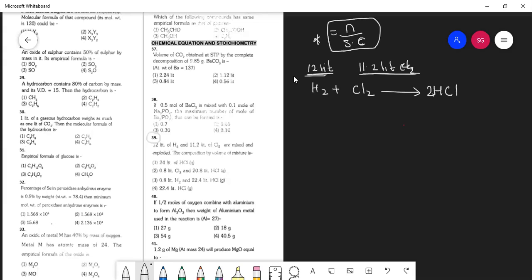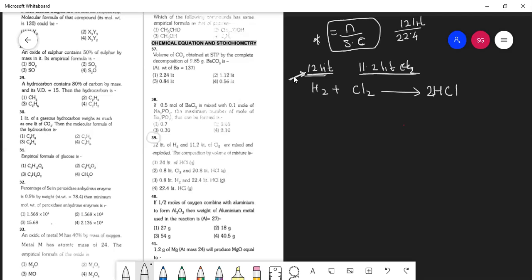But students, to calculate moles from liters, if 12 liters are there, what you will do? Given volume divided by 22.4 liters. Very good. But this will take a lot of time, correct? So what trick am I telling you here?